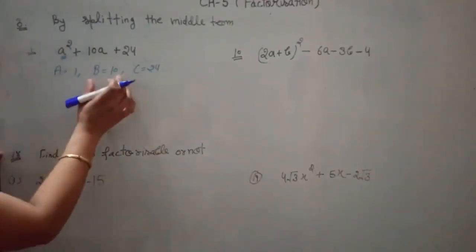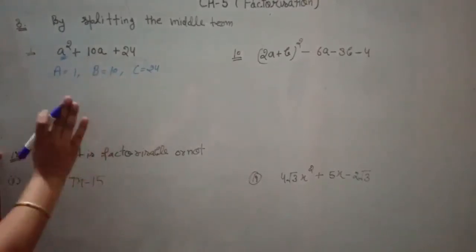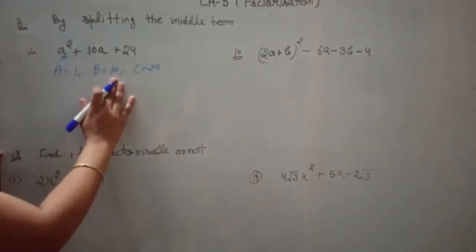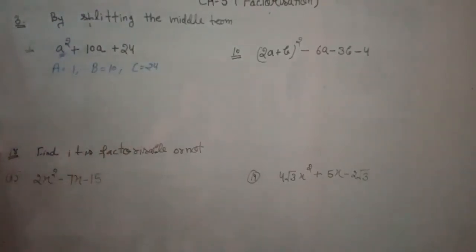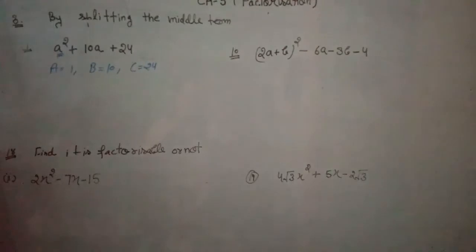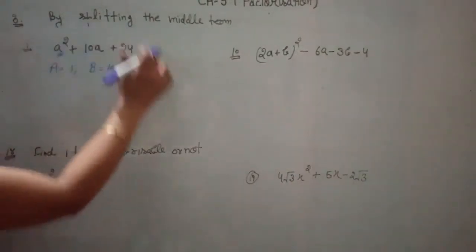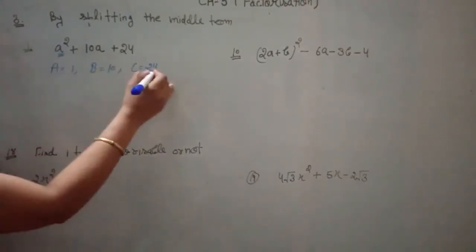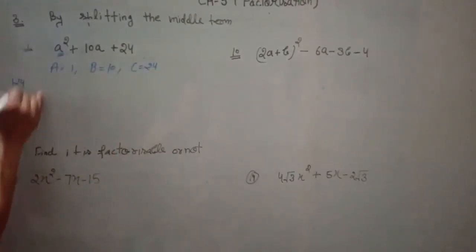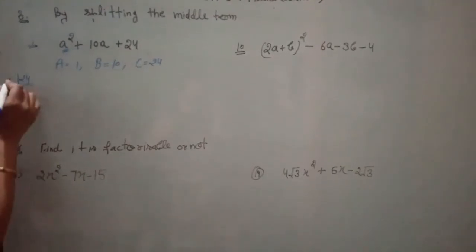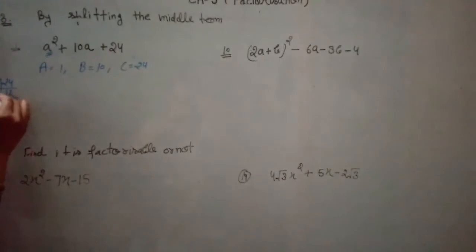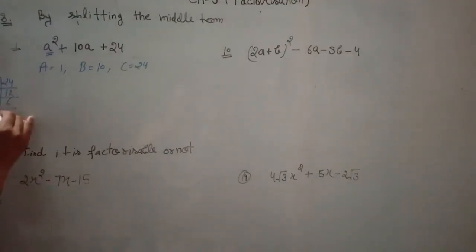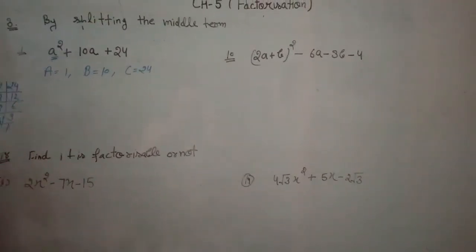Student, we split B, meaning 10, into 2 parts such that the sum of the 2 parts is 10 and the product of the 2 parts is 1 multiply 24, meaning 24. If you don't know directly, then you factorize A multiply C, meaning 1 multiply 24. Do the prime factorization of 24: 2 into 12, again 2 into 6, 2 into 3, then 3 into 1.